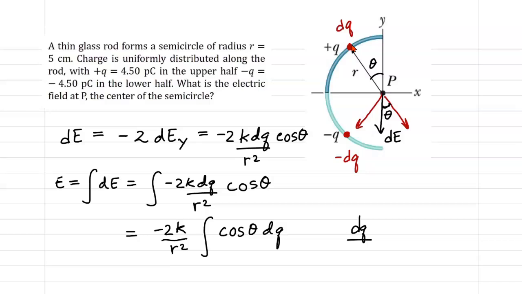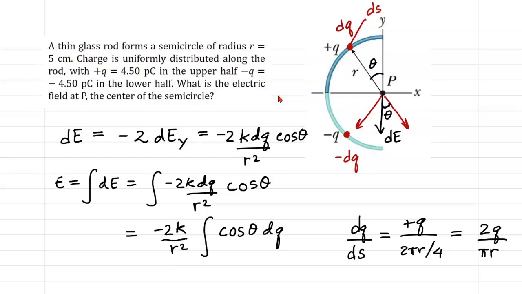let's call this small infinitesimal distance ds for arc length, then the ratio of dq to ds must equal the ratio of the total charge plus q over the total distance from here to here. And you can tell that this is a quarter of a circumference. The circumference is 2 pi r over 4. And simplify this, and you'll get 2q over pi r. Now, what is ds?